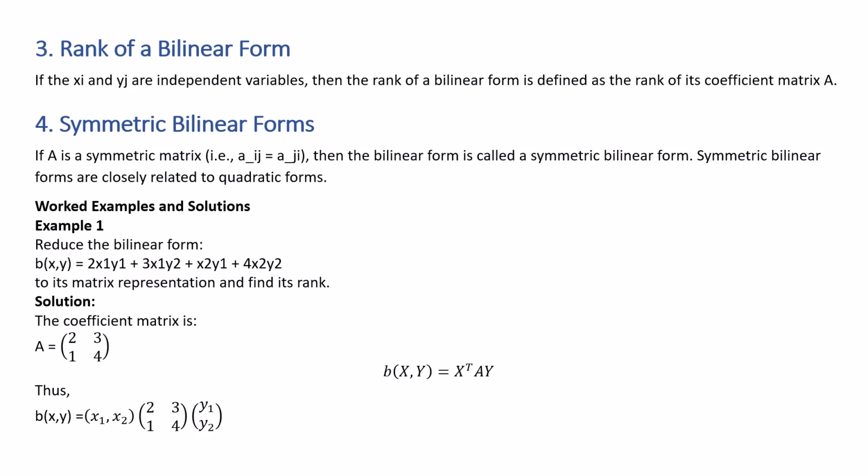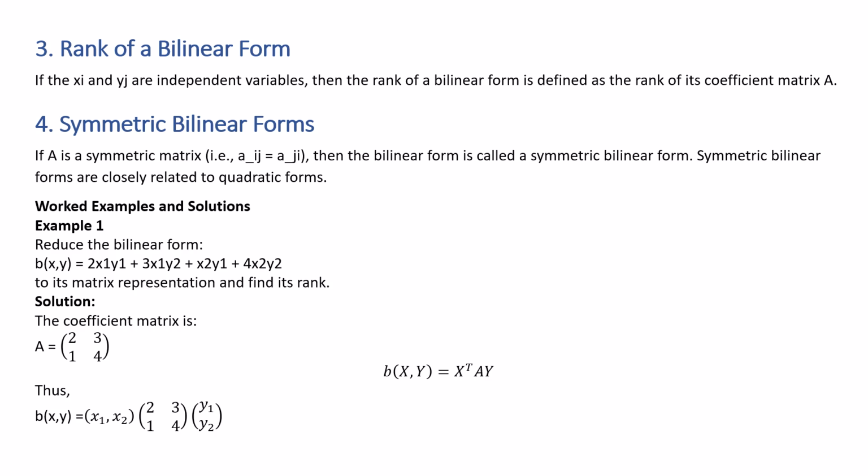So if A is a symmetric matrix, that is aij equals aji, when you transpose, you still have it back. Then the bilinear form is called a symmetric bilinear form. Symmetric bilinear forms are closely related to quadratic forms.